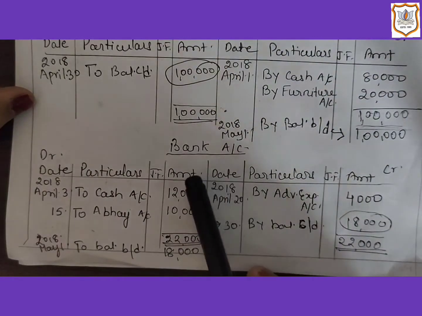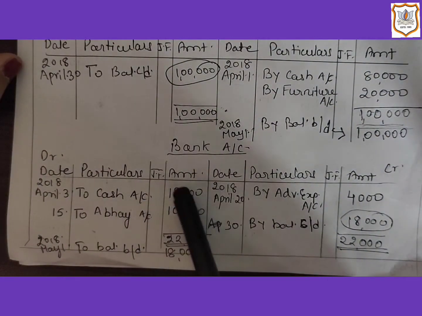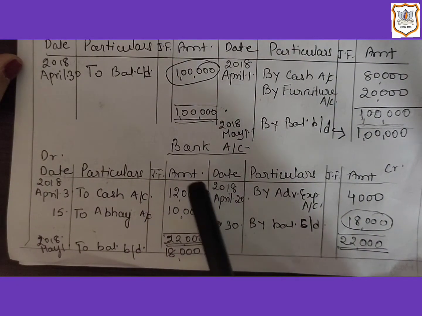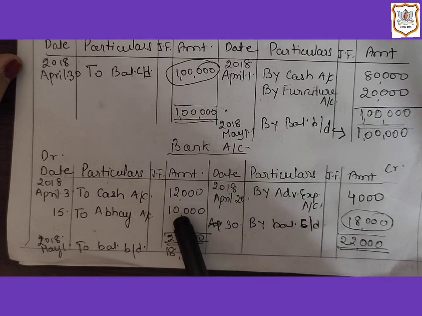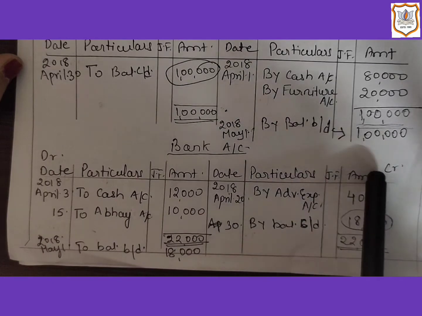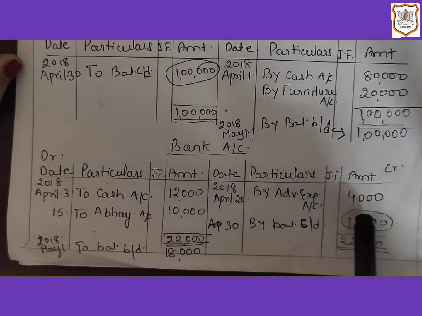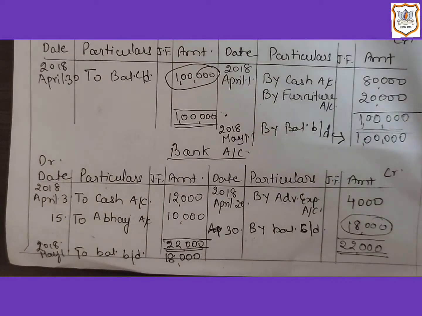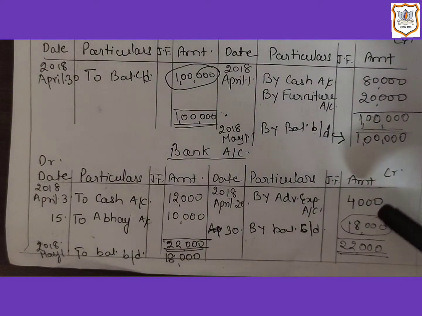Now in the bank account, on the debit side we have a total amount, that is 12,000 plus 10,000, that comes to 22,000. And on the credit side we have 4,000 amount. So here the difference will appear on the credit side, as the amount on the credit side is less.